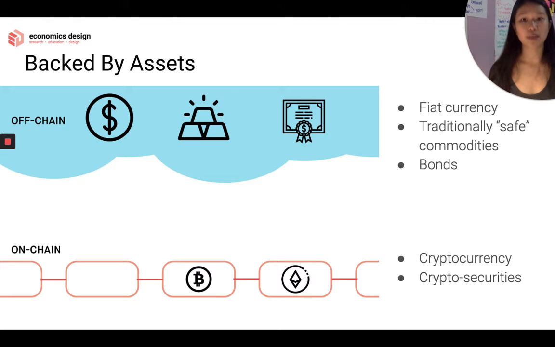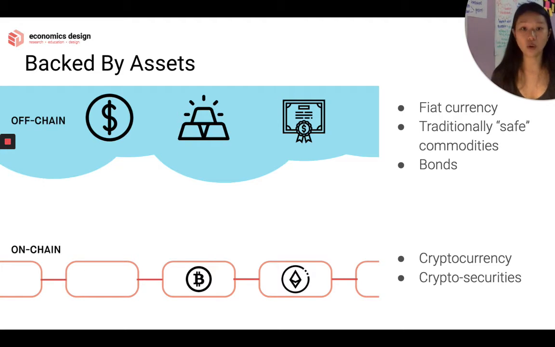When we talk about being backed by assets, we can talk about on-chain and off-chain. An example for off-chain would be fiat currency, or traditional safe commodities like oil. There are some projects that are backed by oil. I don't know if they're doing well.